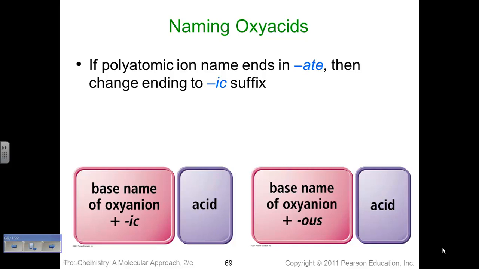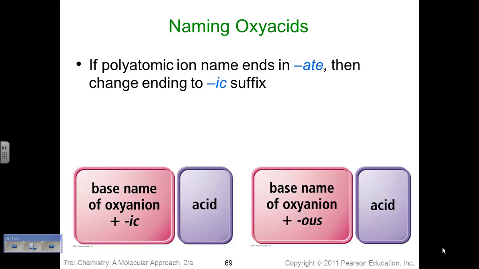If the original ending on the polyatomic ion was an ate, nitrate, sulfate, phosphate, acetate, now the rule says change the ending to an ic. Do not, and this is so important, do not use the prefix hydro. The only time we hear a prefix hydro is if it's binary, not for oxyacids. Oxyacids do not get a prefix hydro.